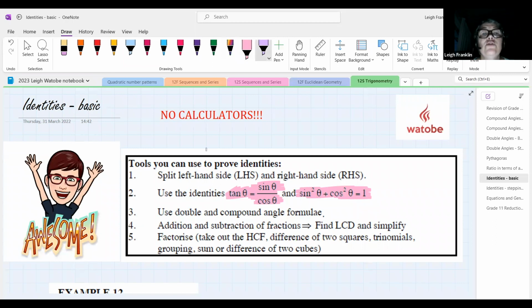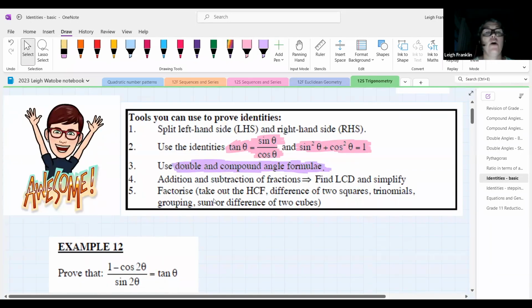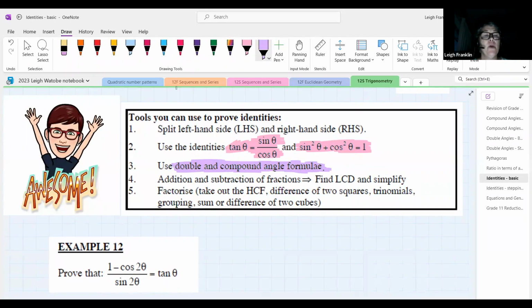Do not forget about your double angle and compound angle formulae. We need those next to us while we do this. I've taught many matric students before and they don't expand them properly because they don't look at the formula sheet. So when you're working with double and compound angle formulae, they are given to you. Make sure that if you don't know them off by heart, you copy them down correctly.